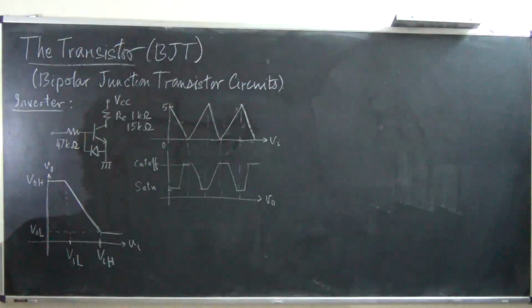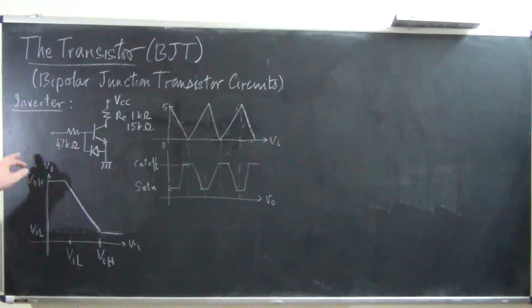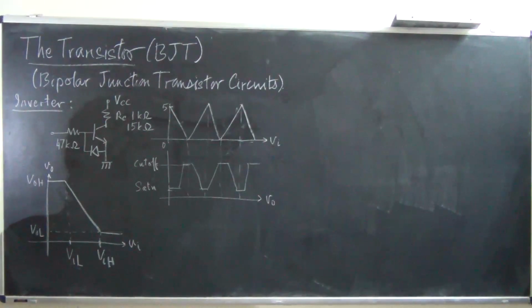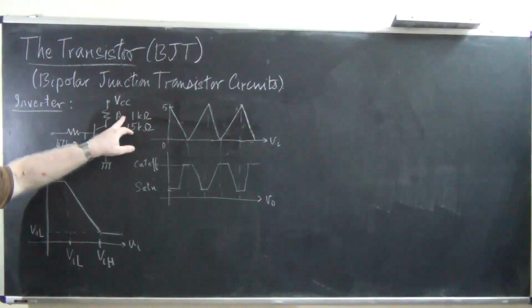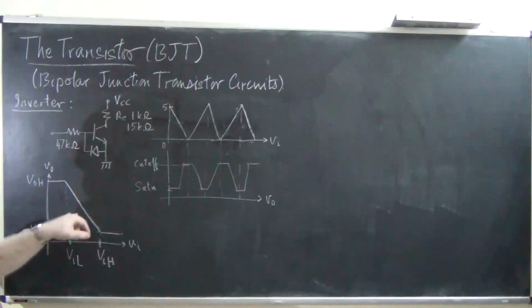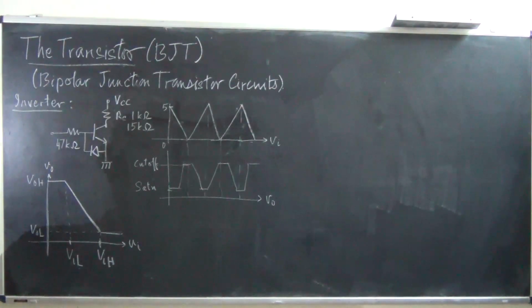The transfer characteristic that you will observe when you apply this triangular waveform through this circuit as the input, and take this as the output and put it in XY mode on the oscilloscope, will be something like this. You can see that this is an inverting characteristic.